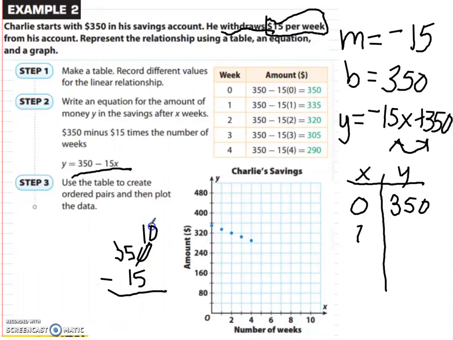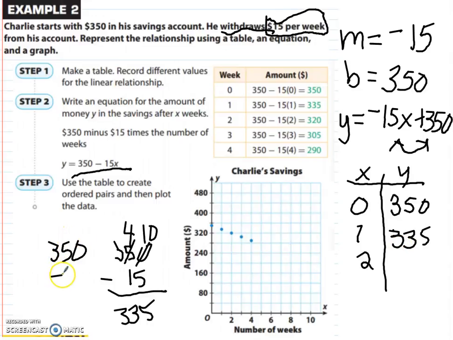When you subtract, you get 335. Then negative 15 times 2 is negative 30. 350 minus 30 will get you 320, and so on. So that's how we go from situation to an equation to a table and to a graph.